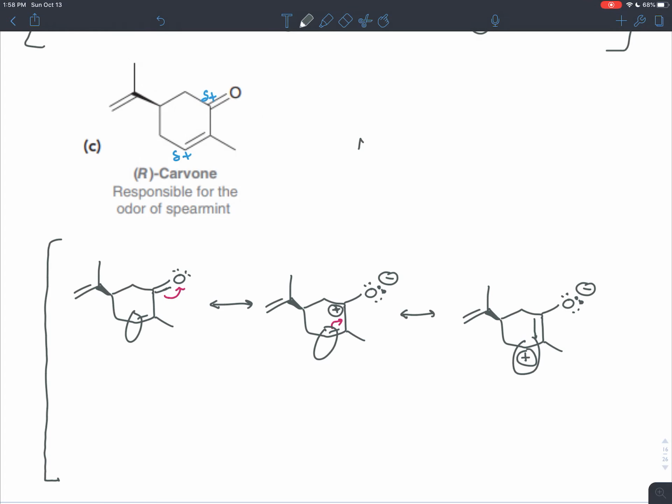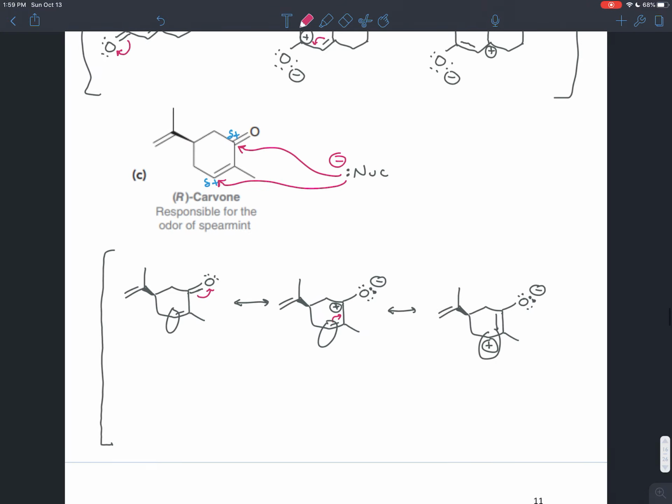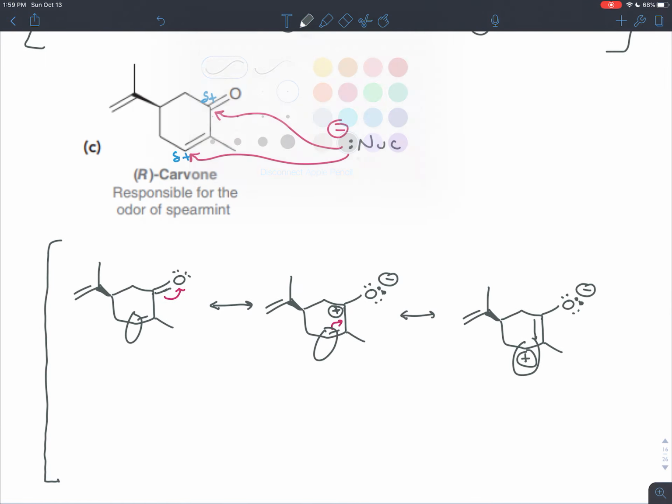So if a nucleophile were going to attack this molecule, where would it attack? Well, if you only predict that it would attack this carbon double bonded to the oxygen, you would only be half right, because also it will attack this carbon here, and the only way you'd ever see the reason why for that is by drawing the resonance structures.